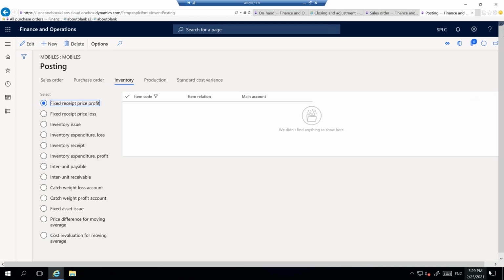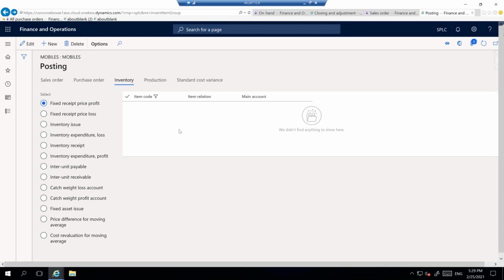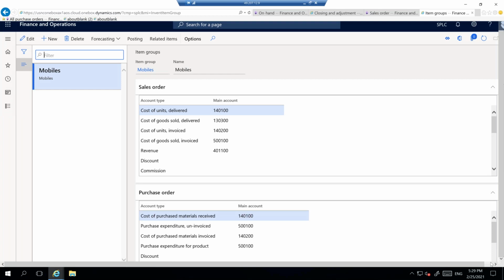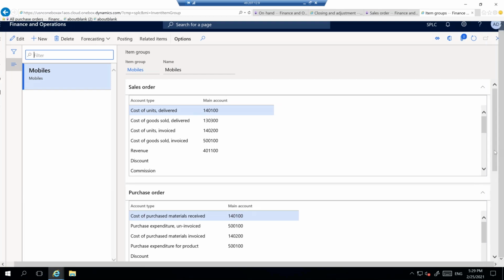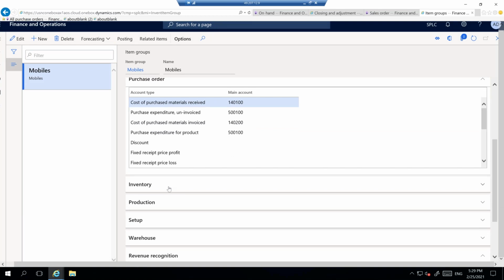Otherwise, you can map here also, in the inventory tab. In the inventory tab also we have those accounts.